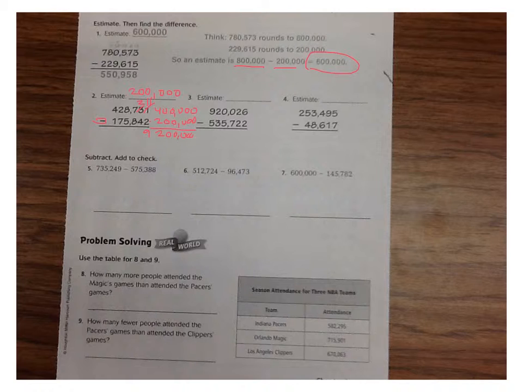Okay, can we take 4 from 2? No, we have to take 1 from the hundreds column. So what is 7 minus 1? 6. Ooh, let's take that one away. We wrote it in the wrong spot. So that 6 is above the 7.